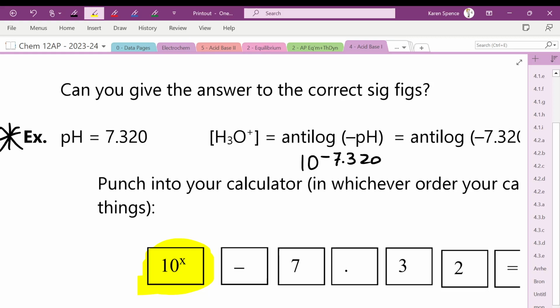And once again, on that calculator, you're going to take the number in first, and then type in. Now, most of your calculators, you're going to do this way.